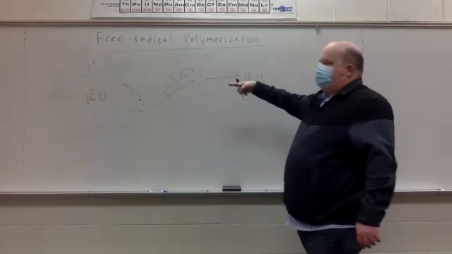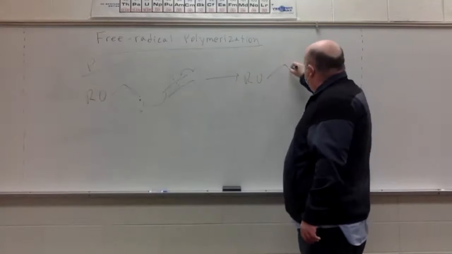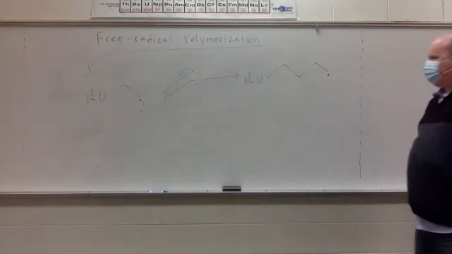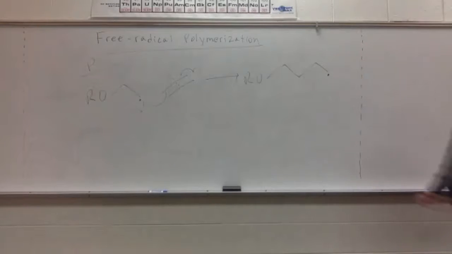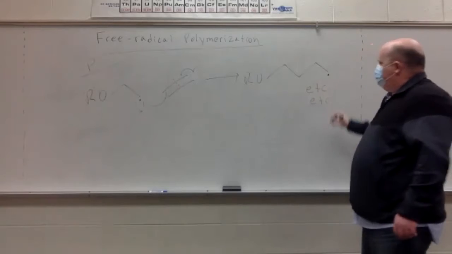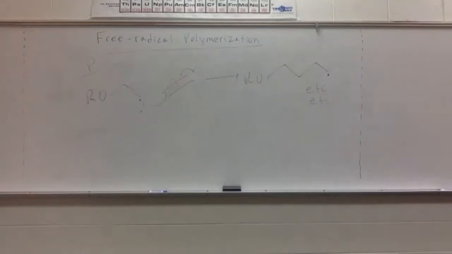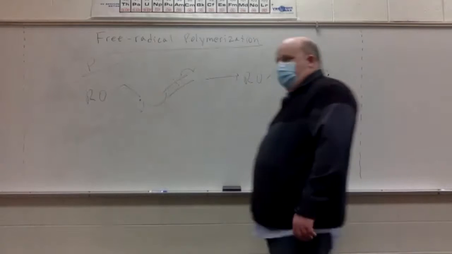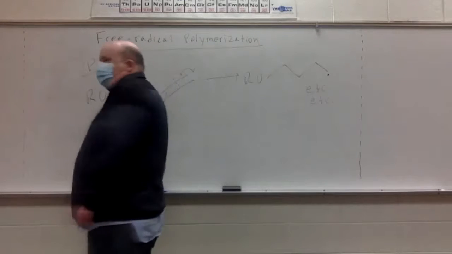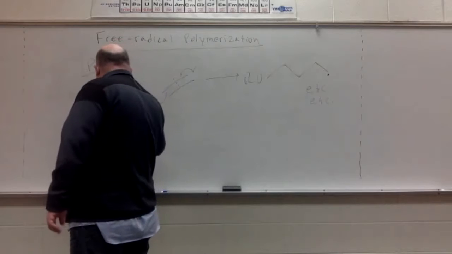So now instead of having a 2-carbon unit, you have a 4-carbon unit, and you still have a living radical. And this keeps going on, and going on, and going on, et cetera. It keeps going until you have enough terminations to kill any of the radical species.